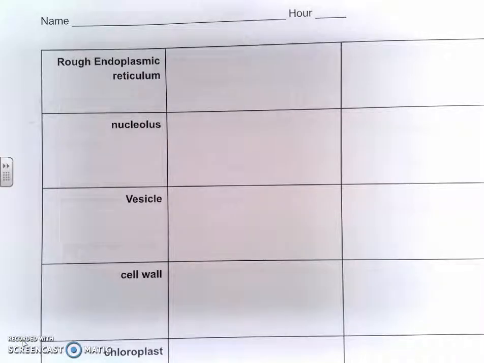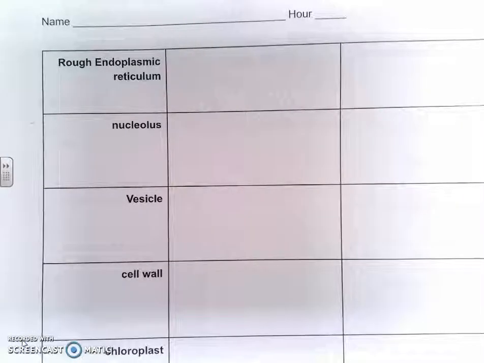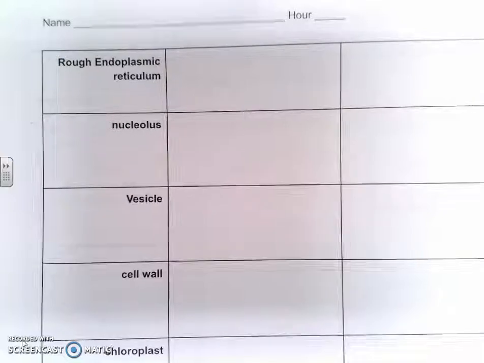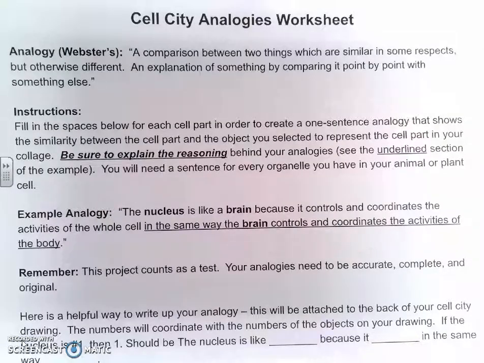So before we go any farther, this sheet, you have to have every single organelle completed. You're learning about all the organelles, regardless what type of cell you want to do. But when it comes to the analogy worksheet and you're writing out the sentences, you're only writing out sentences that go with the actual cell that you have chosen.